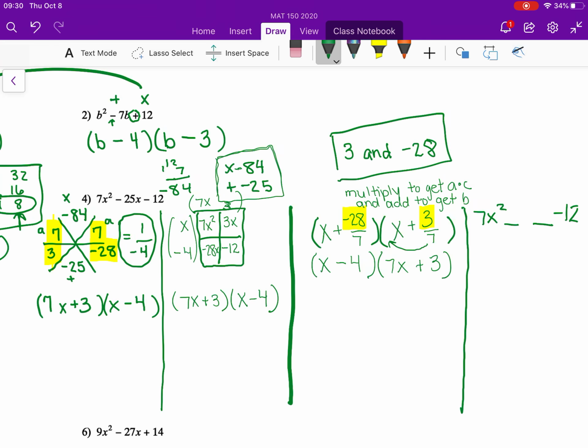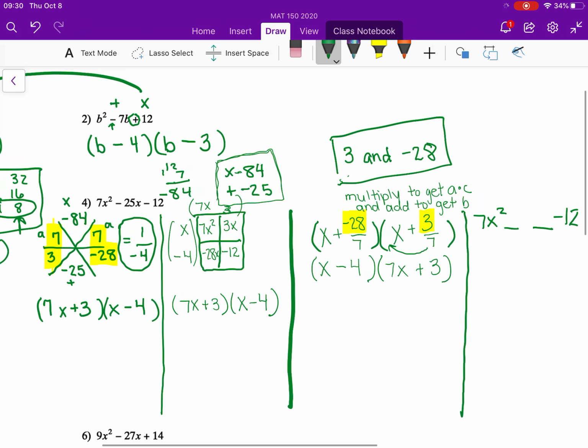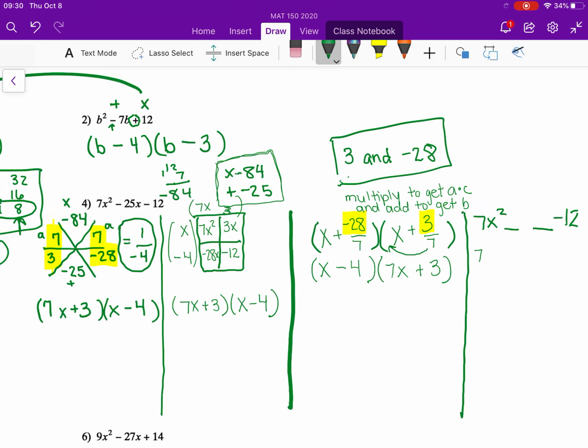Again, the disadvantage here is you got to remember what are the two terms that multiply to get AC and add to get B. 3x and negative 28x. And so this one oftentimes is called splitting the middle term. I know it as AC method just because that's what my college professor called it.